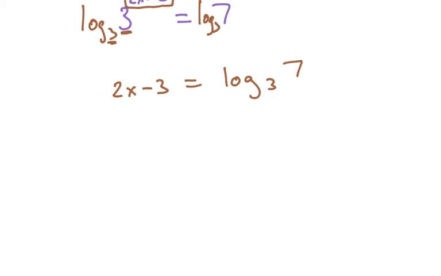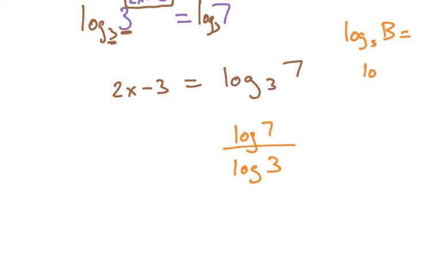You can tackle this two different ways. As we learned last time, you can type it directly into the calculator, or you can realize that it's the same thing as log 7 over log 3. So we said log of the small compared to the big is equal to log of the big over log of the small.